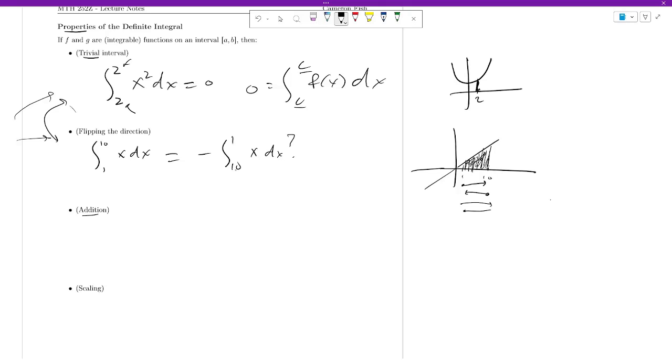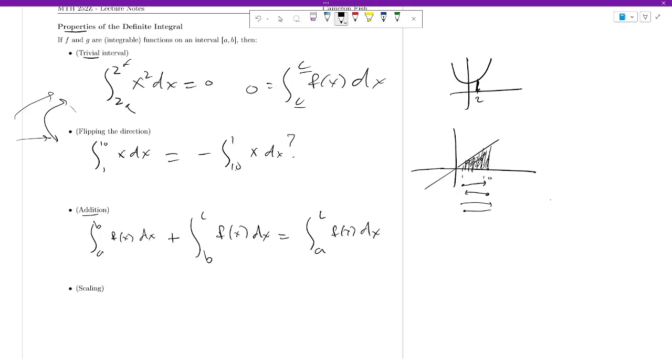So let's think about addition. I'm just going to write the rule. If I go from a to b of some function, and then I add on another integral, going from b to c of some function, then this is going to be the same as going from a to c.